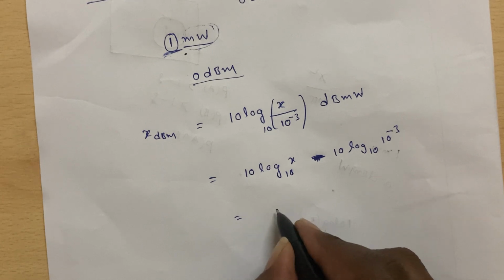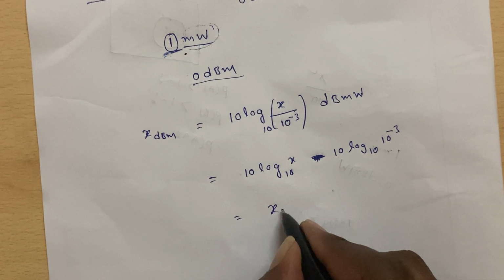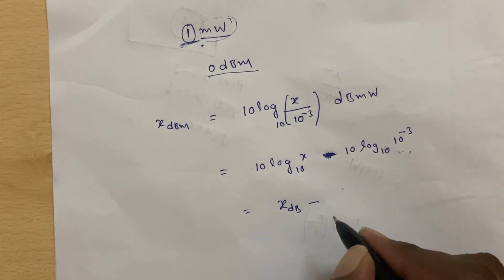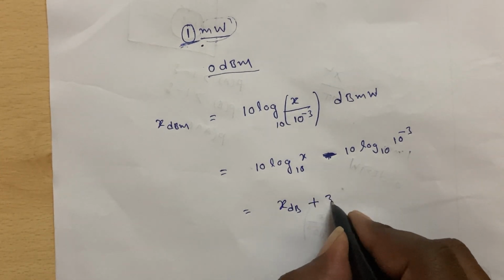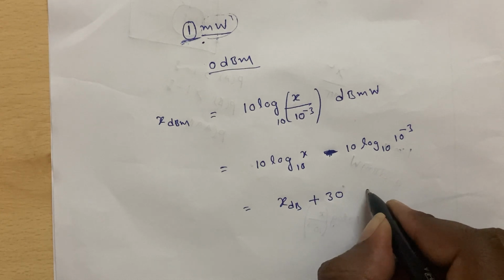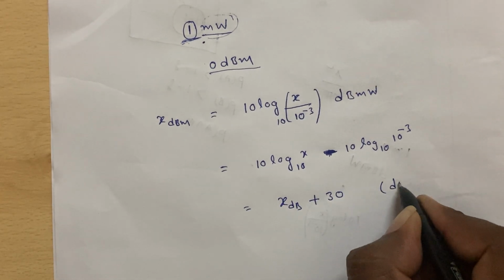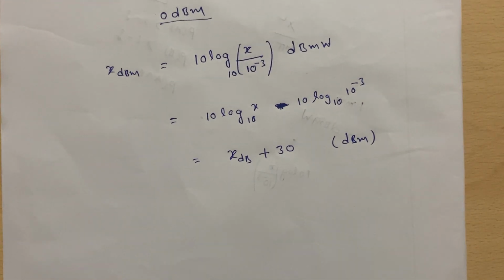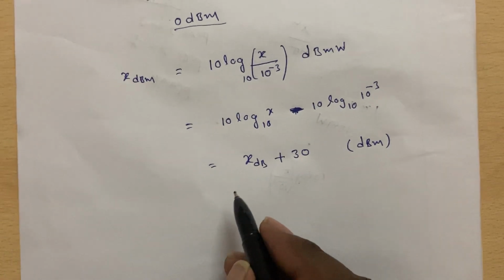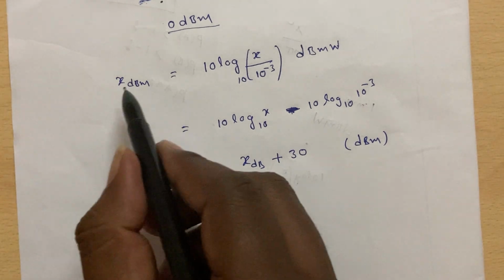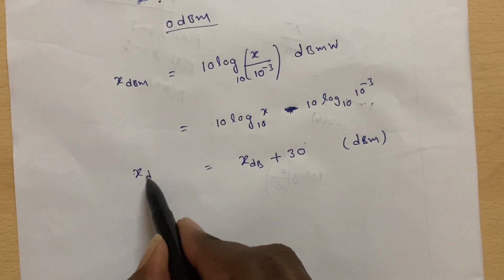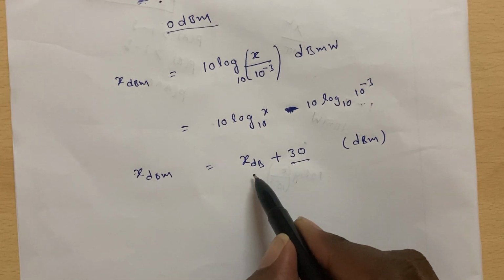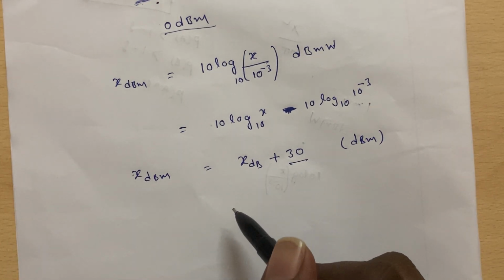This is x in dB, and minus of minus becomes plus 30. Then the value will be in dBm. So if you want to convert dB to dBm, just add 30 to the dB value, then it will be dBm.